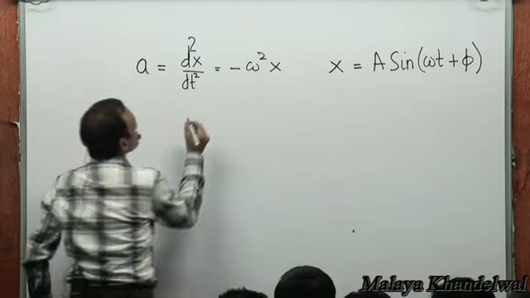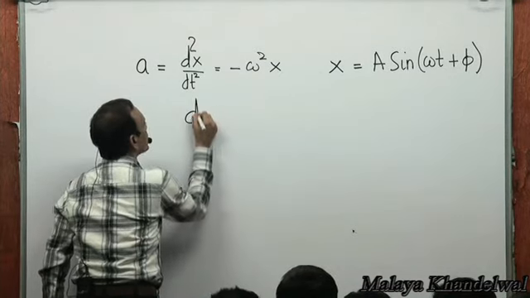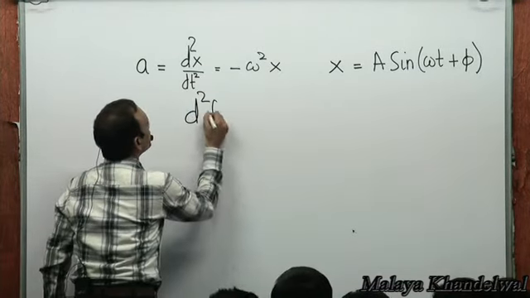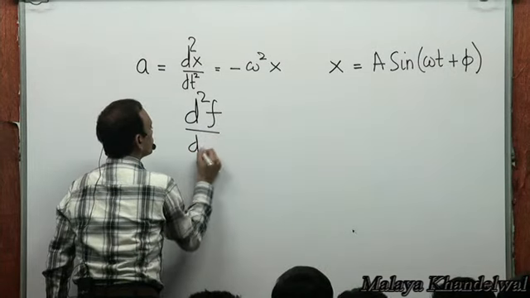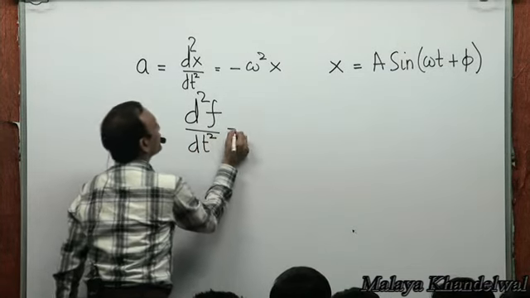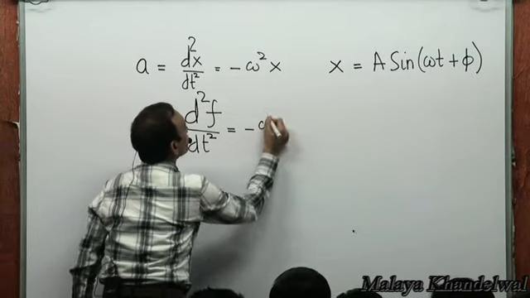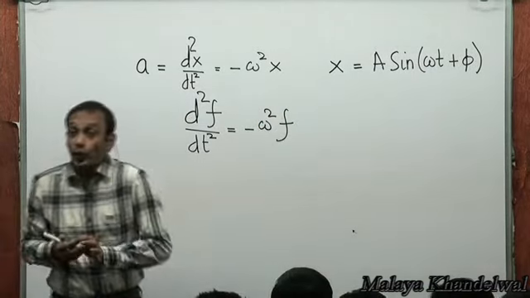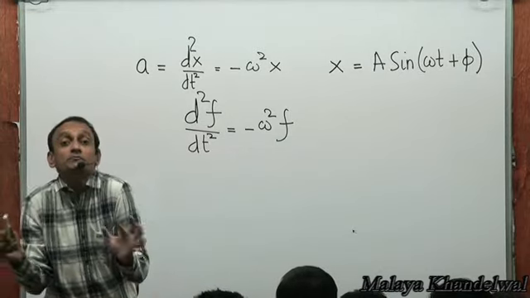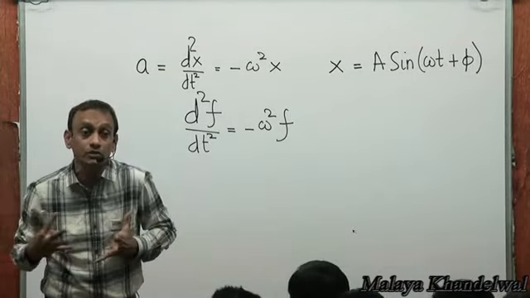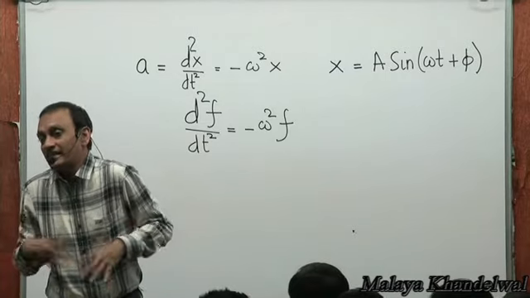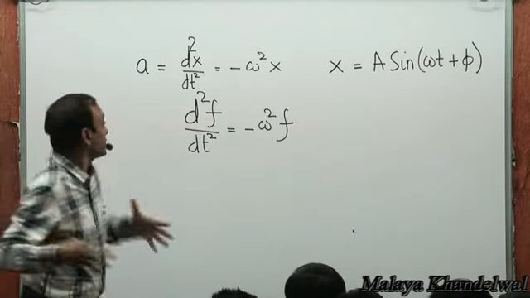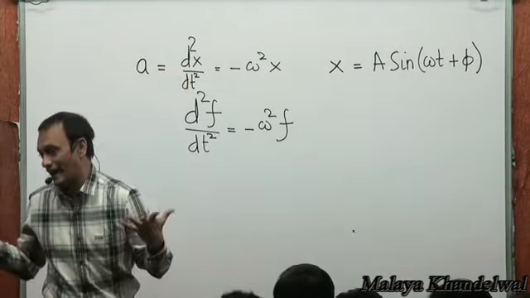Now, if there was a differential equation of this kind, d2f/dt2, where t is any other variable, equals minus omega squared f, the differential equation would be indiscriminate in terms of providing a solution, because the way it treated x, it is going to treat f, right?